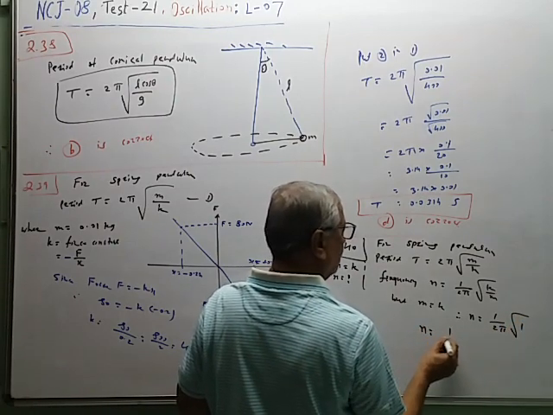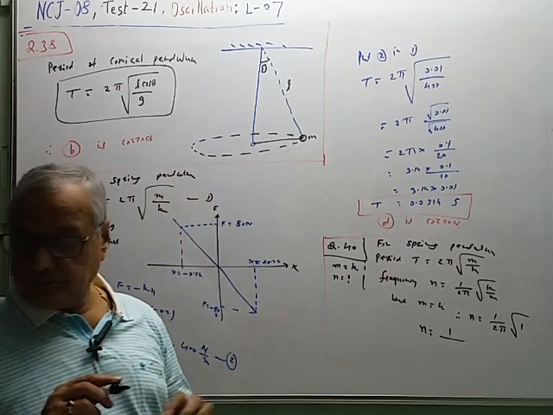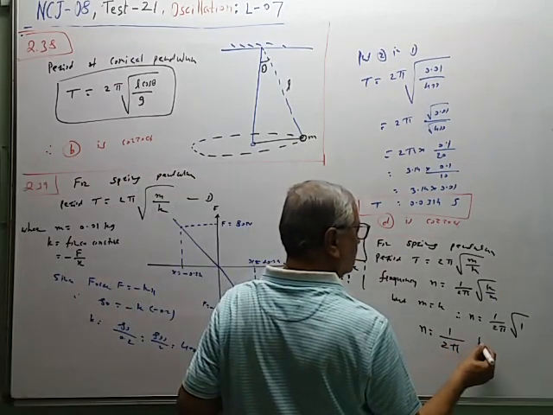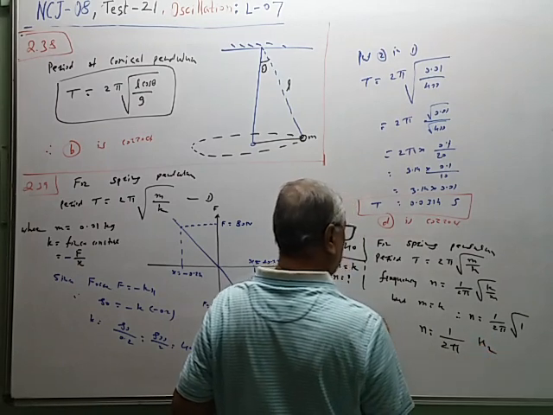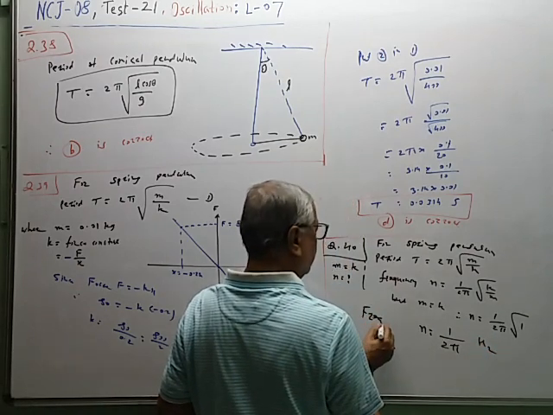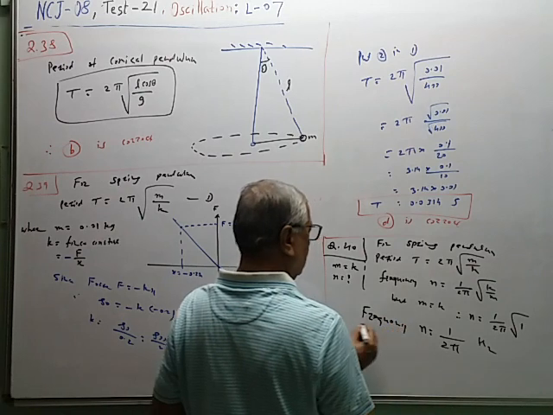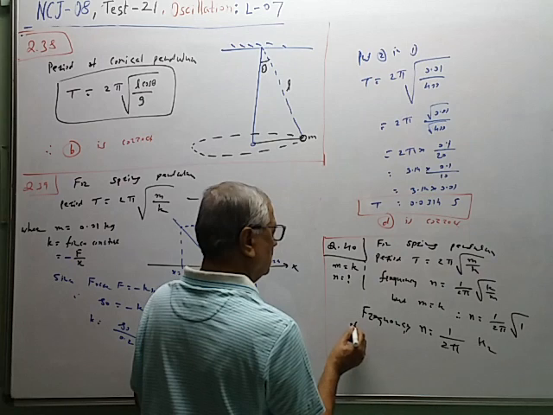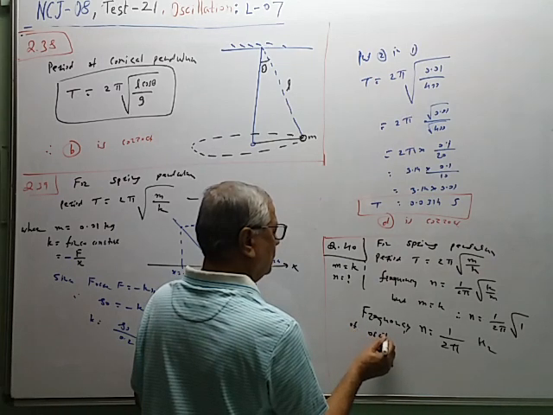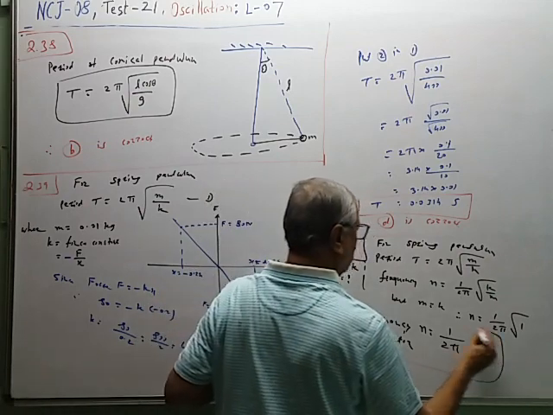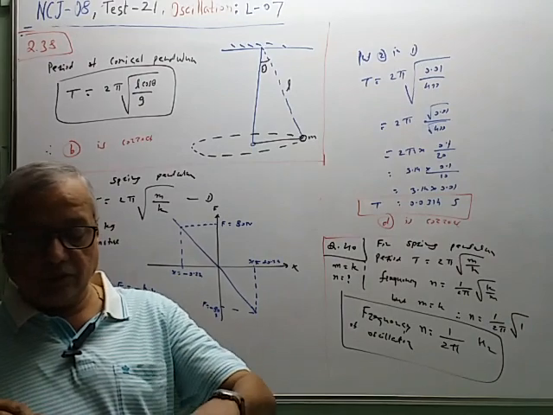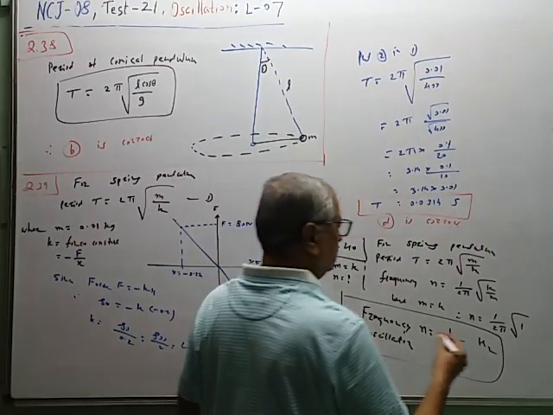So frequency n is equal to 1 upon 2 pi hertz. So this is the frequency of oscillator. Therefore, D choice is correct.